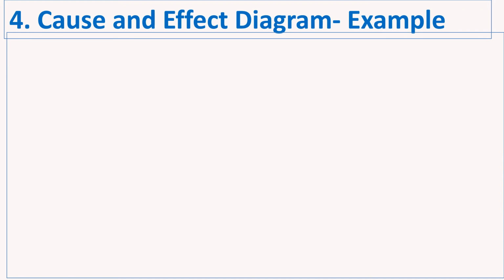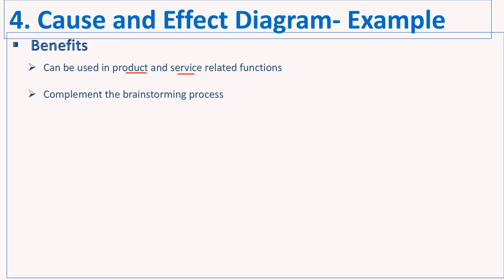Then second, benefits. What are the benefits of the cause and effect diagram? It can be used in products and services. It complements the brainstorming process, as in brainstorming we list down all the suggestions from the team. It provides targeted information and promotes teamwork.